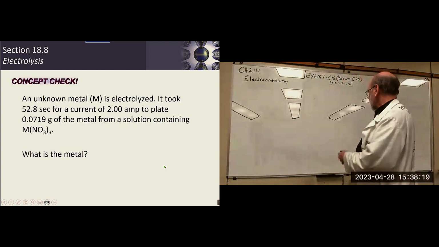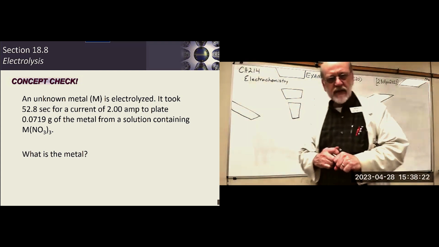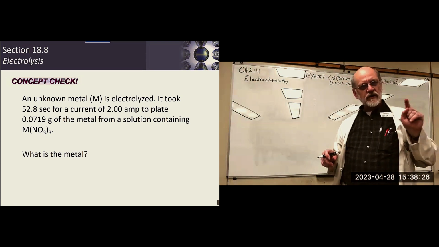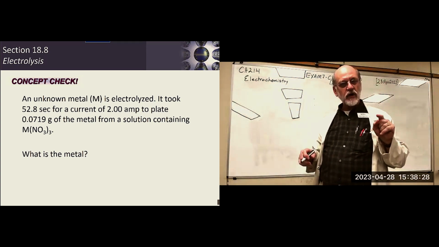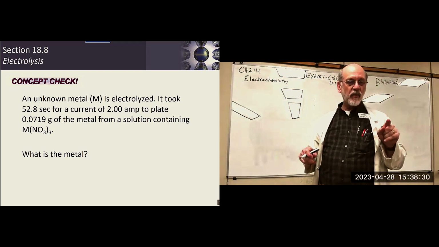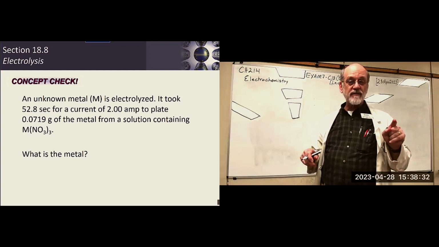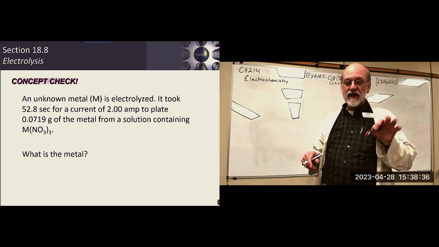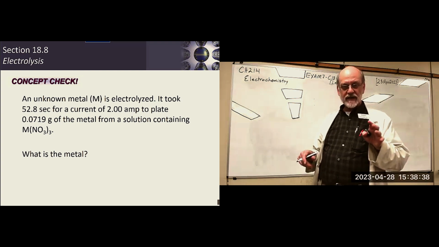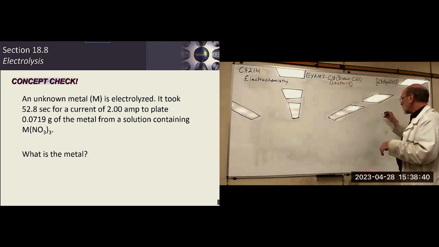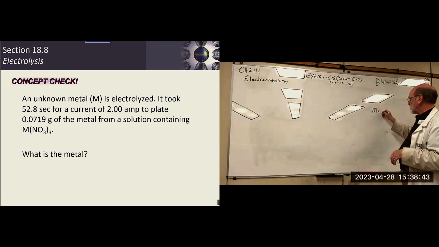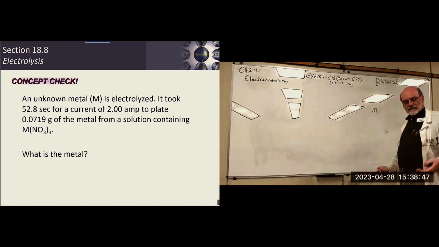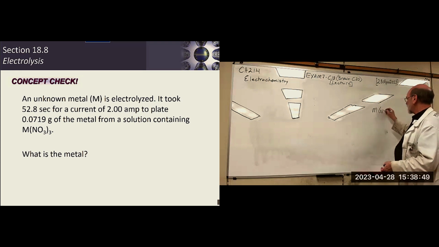So here's a problem. Say we have an unknown metal, and it took 52.8 seconds for a current of 2 amps to plate out 0.0719 grams of the metal from a solution containing the metal and 3 nitrates for each of the metal. Excuse me, not manganese, the metal and the nitrate.